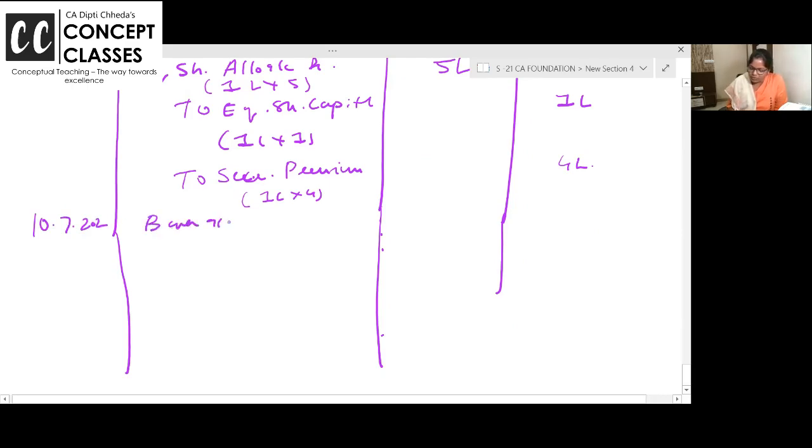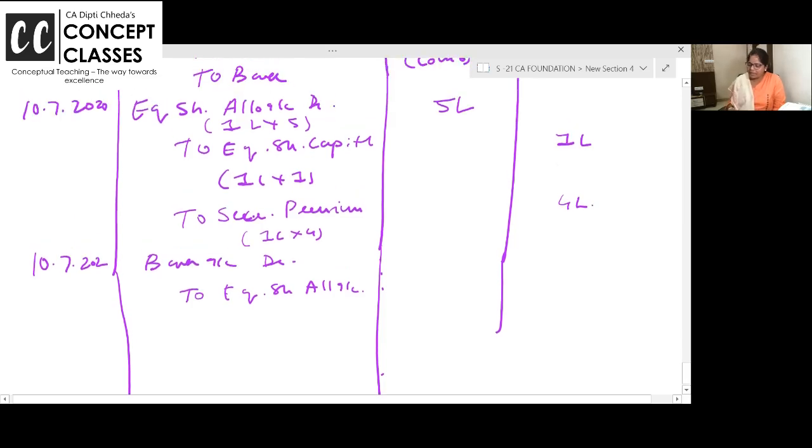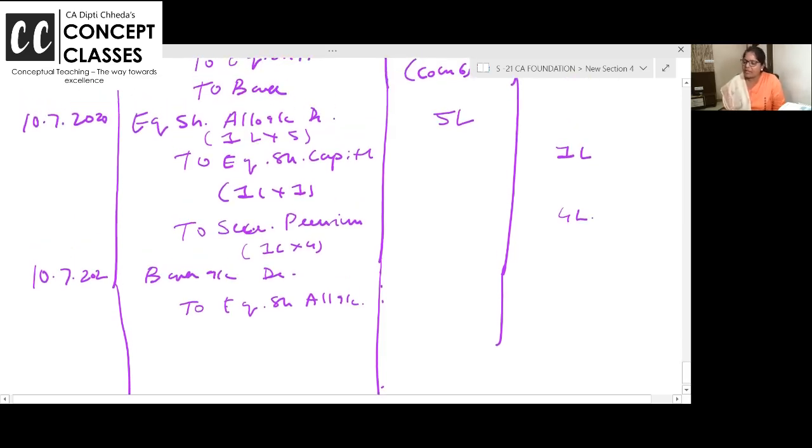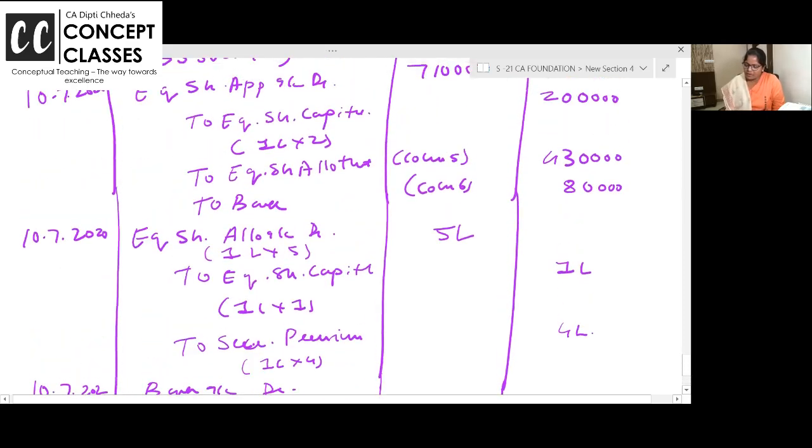Bank account debit to equity share allotment account. Allotment is already received, 430.